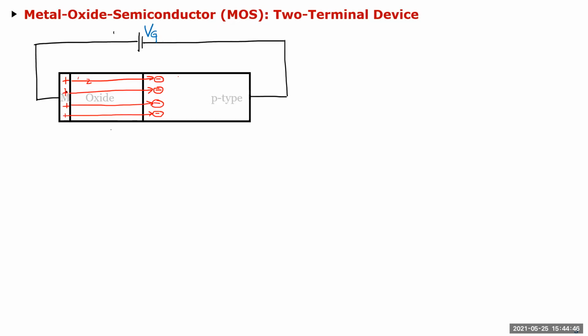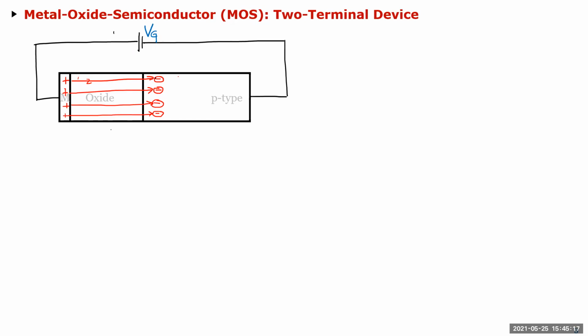So you have some positive charges which flow from the battery and get accumulated in the metal, or polysilicon to be more precise when we get to the devices. So let's consider metal here. Each positive charge will emanate electric field which will pass through the oxide because there is no charge in the oxide. This is the resultant electric field.